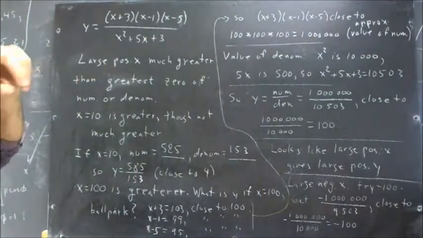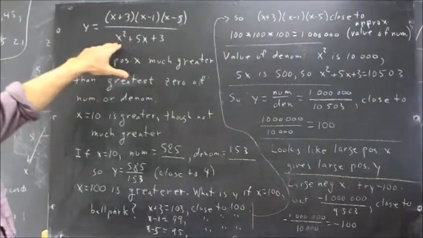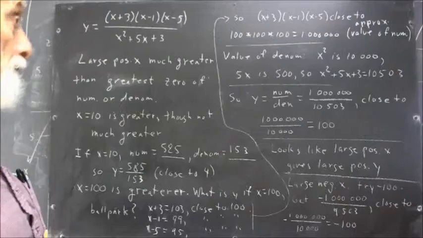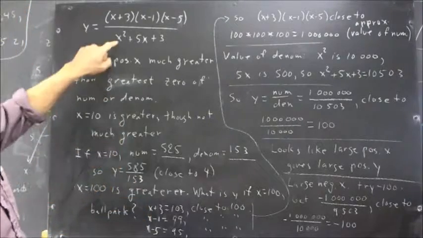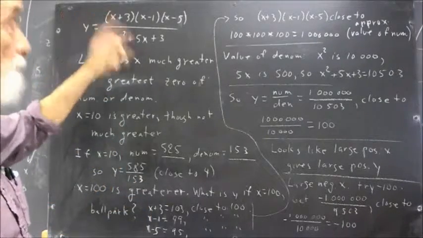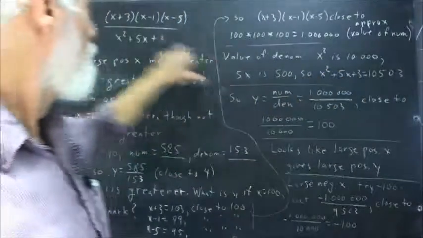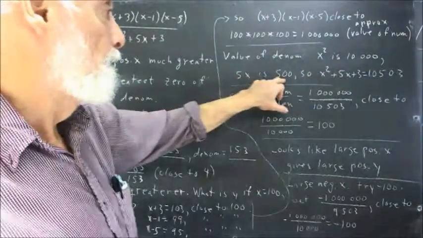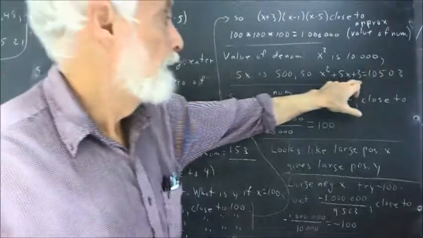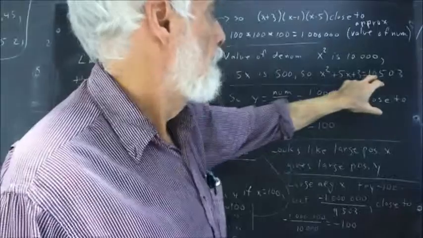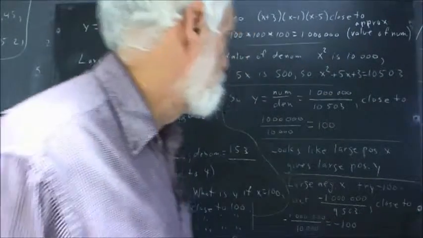What about the denominator? Well, we can evaluate the denominator a little differently. Again, let x equal 100, and we're going to get 100 squared, which is 10,000. So x squared is 10,000. The 5x is 500, and 3 stays 3, so x squared plus 5x plus 3 is going to be 10,503.